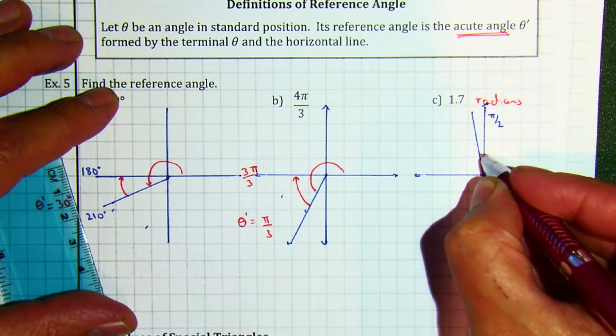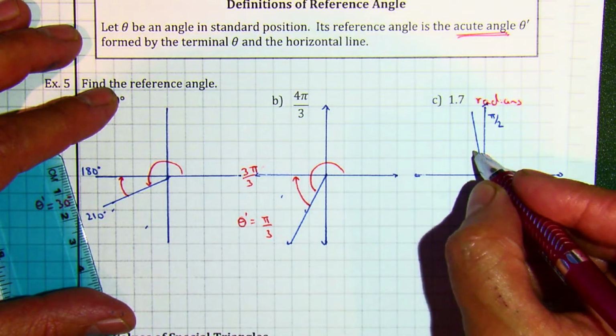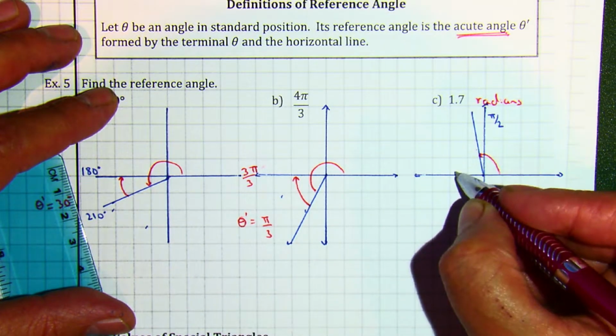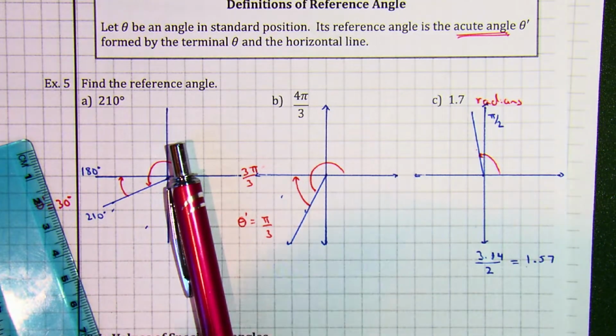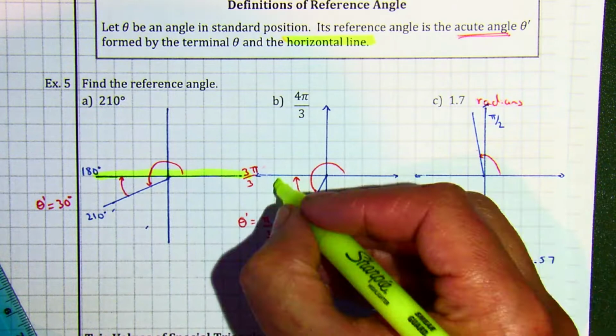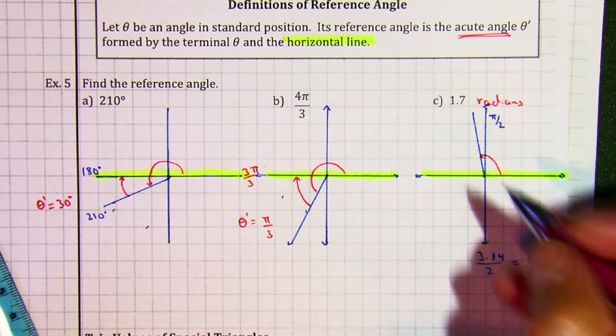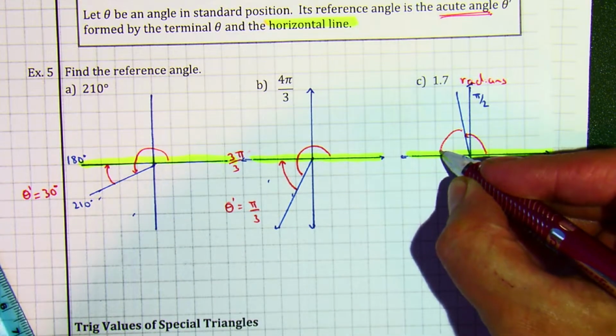This is 1.7 radians. Remember, for your reference angles, you always have to go towards your closest x-axis. So you always want to go towards your horizontal line, which is your x-axis. So I need to continue. How much more do I need to go to get to pi?